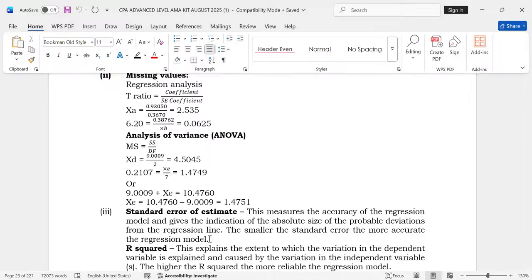It's an error. An error is a deviation. And if the error is big, then the model will become inaccurate in terms of predictions. I can repeat: the smaller the standard error, the more accurate the regression model is. Up to there, are we together?